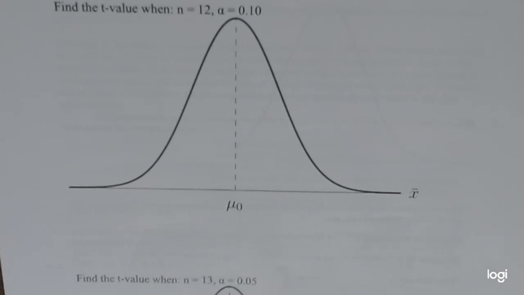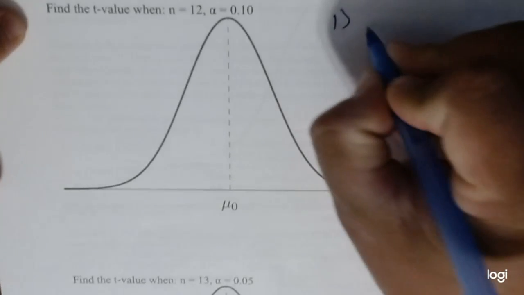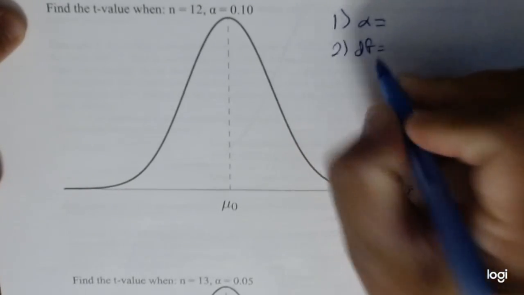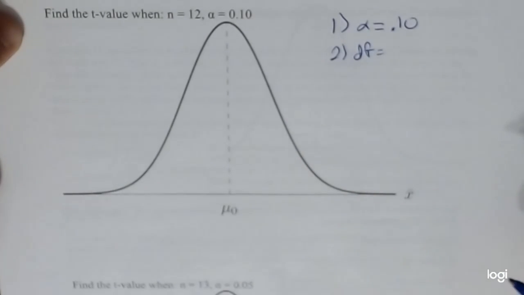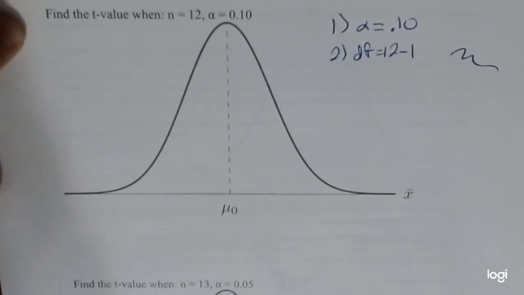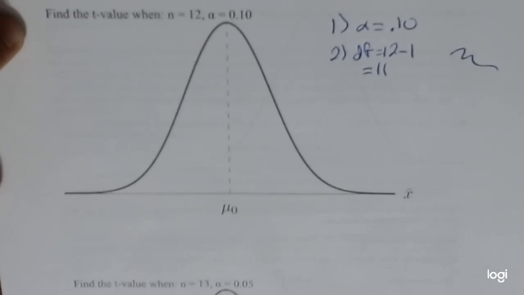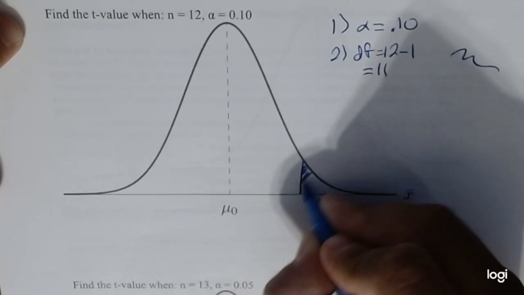Okay. So let's see. First off, we need two things to find it. We need an alpha and degrees of freedom. Alpha is already given to us, 0.10. And degrees of freedom in this case is going to be 12 minus 1, which is 11. So we know this is where I'm shading because it's always area to the right.